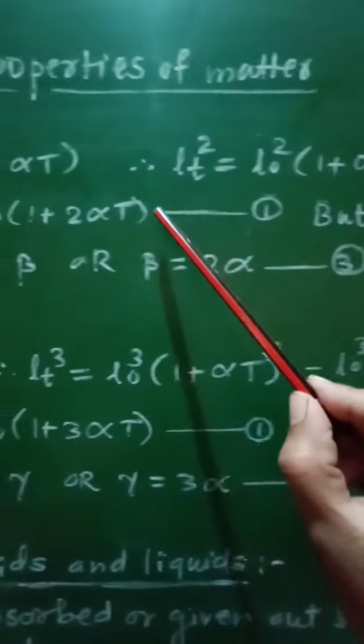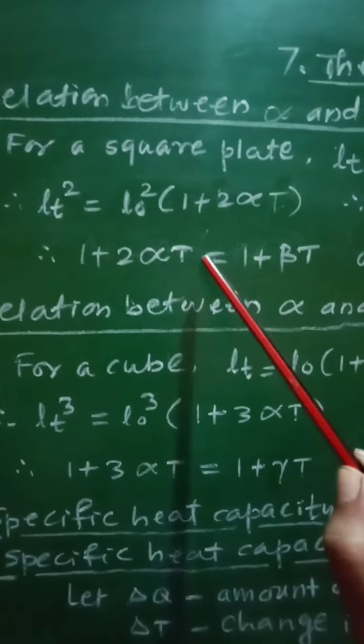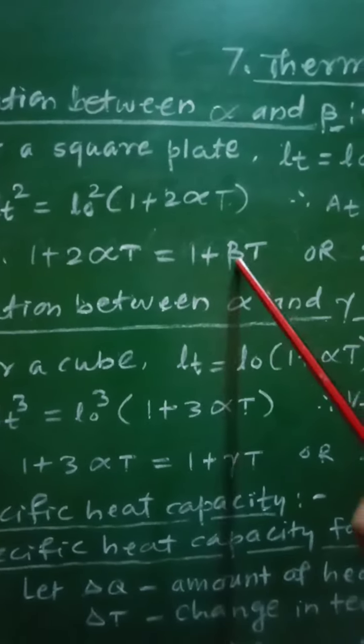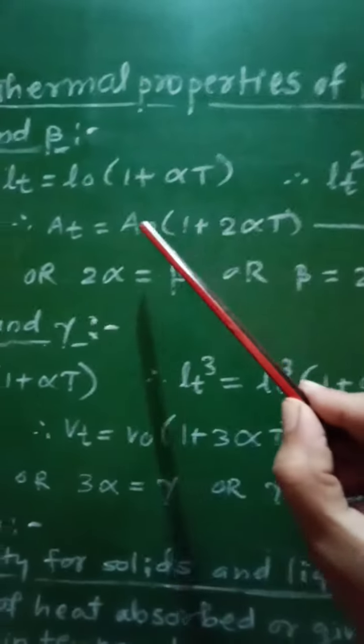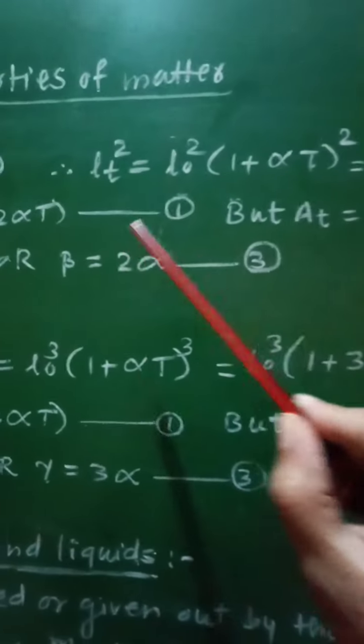Now comparing equation number 1 and equation number 2, we can write 1 plus 2 alpha T will be equal to 1 plus beta T, because on the left side is AT, here also AT, and A0 is the same.